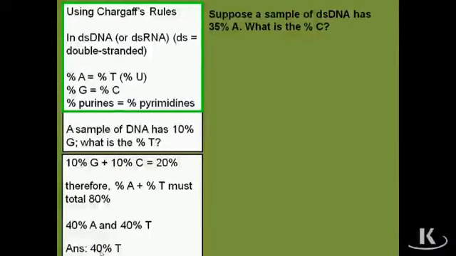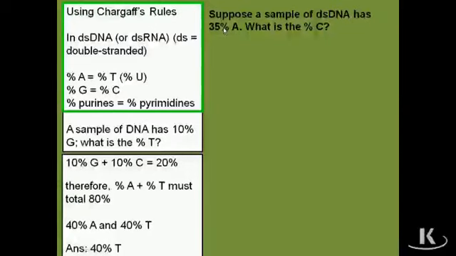Let's practice one more. Suppose a sample of double-stranded DNA has 35% A. What is the percentage of C? Okay, how do we figure this out? What's the first step? If there's 35% A, where do you go next? Well, where you go next is to figure out how much T there is.